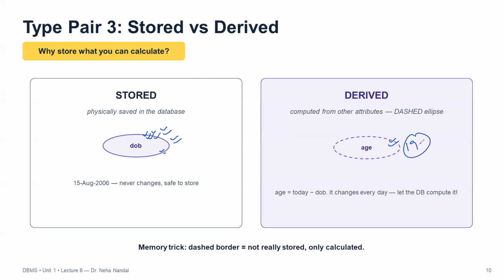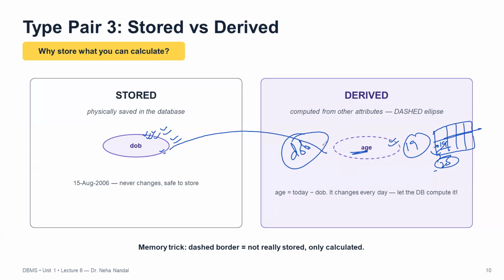Next year, it will become wrong data in the table, because the person became 20, and we would have to change it again and again. So instead, we derive age from date of birth, which is the stored attribute.